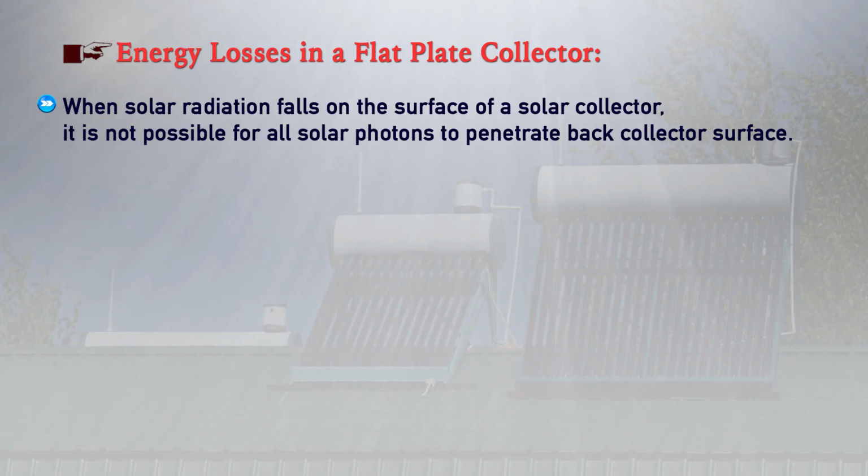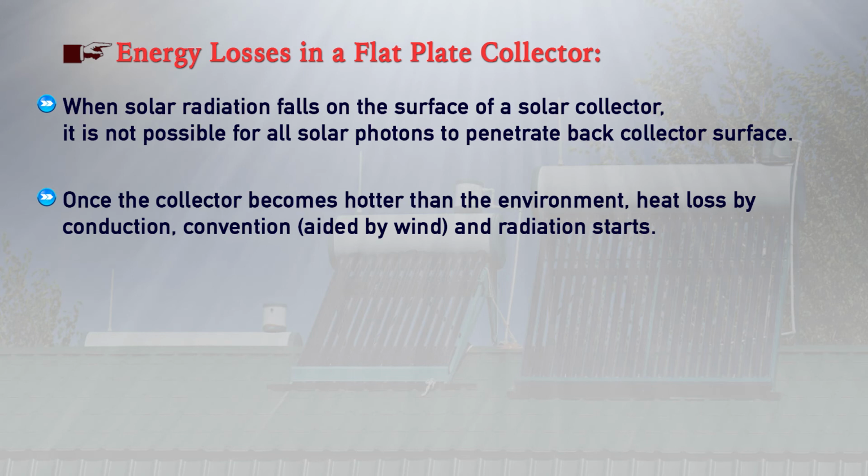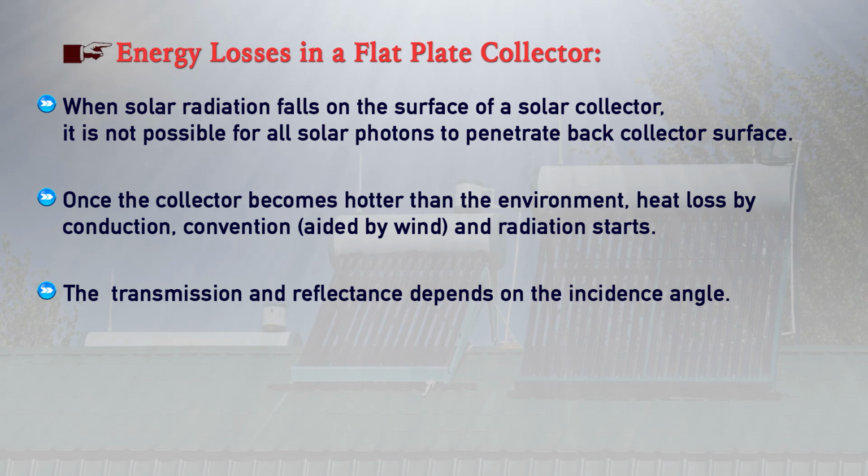When solar radiation falls on the surface of the solar collector, it is not possible for all solar photons to penetrate the collector surface. Once the collector becomes hotter than the environment, heat loss by conduction, convection and radiation starts. The transmission and reflectance depend upon incidence angle also.